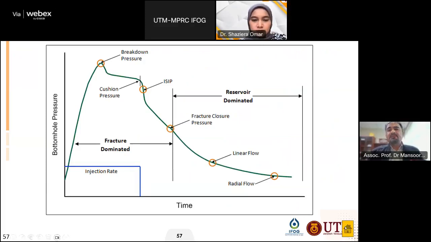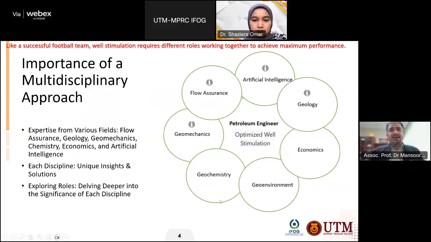And then we go to chemistry. Chemistry is also very important, as it aids in selecting the best stimulation fluids. Economics helps in analyzing cost effectiveness and return on investment. And finally, artificial intelligence brings forth advanced algorithms and models to predict, optimize, and control the stimulation process.